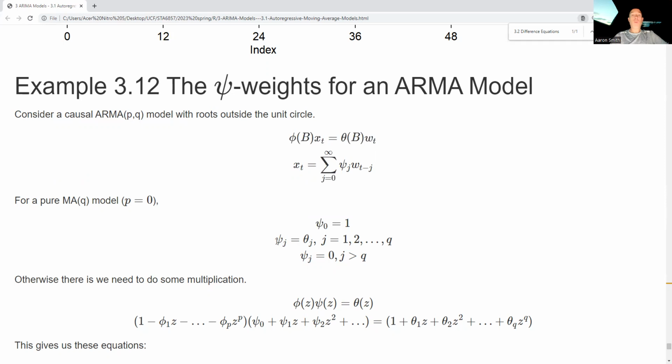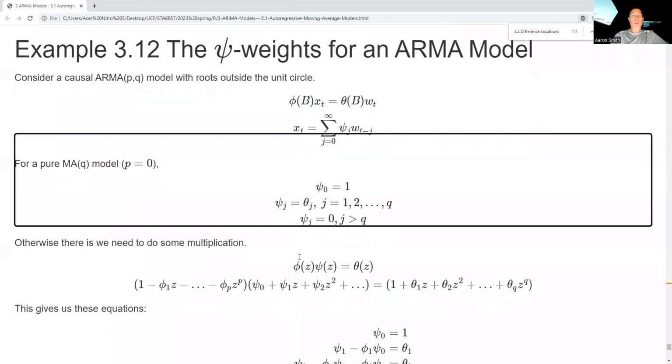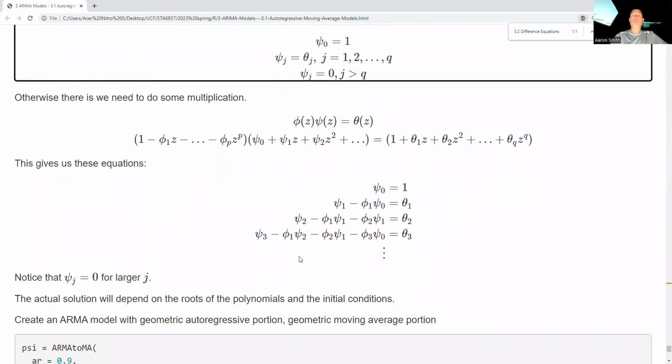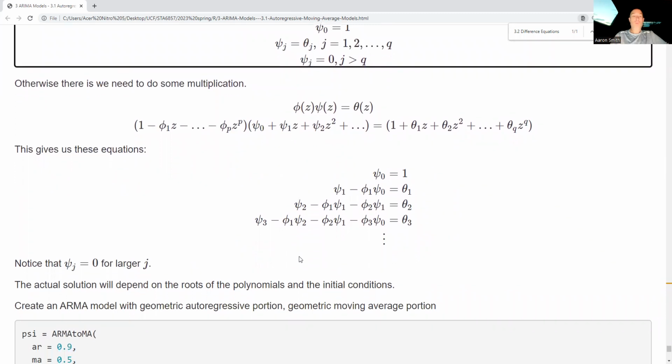And then, whenever appropriate, whenever it makes sense, I'm going to set psi equal to the coefficient on the right-hand side. And then psi will be equal to 0 everywhere else. And then I'm going to work out the details going forward. Now, for large enough subscripts, psi will be equal to 0.